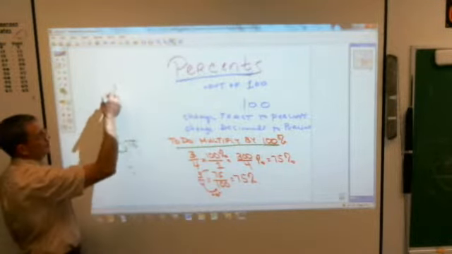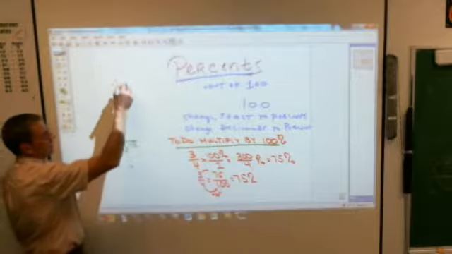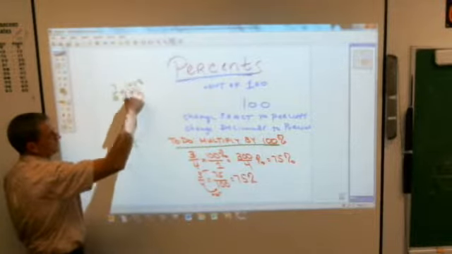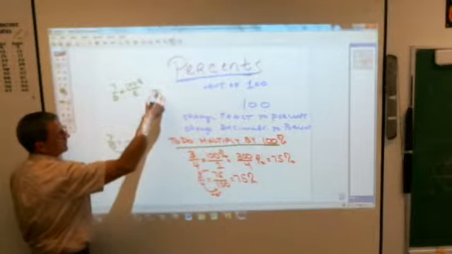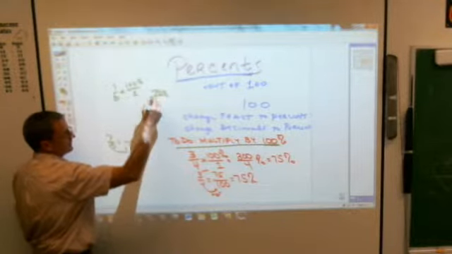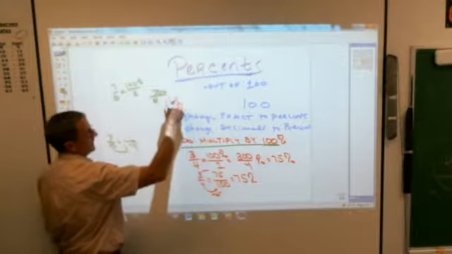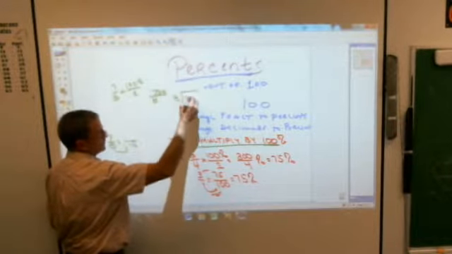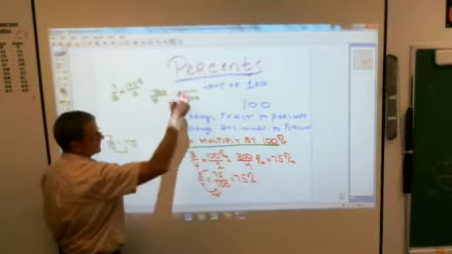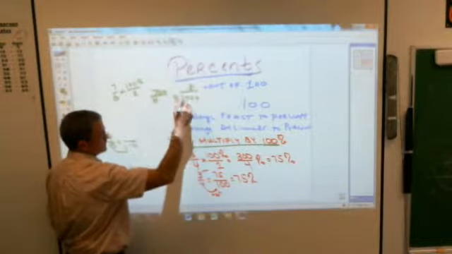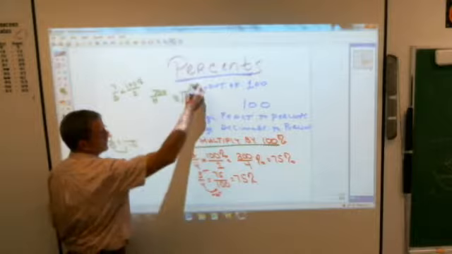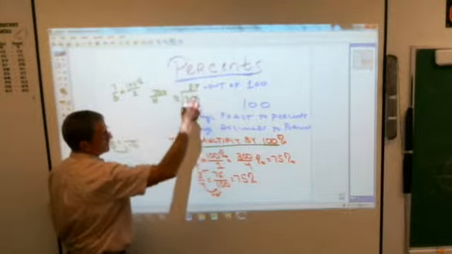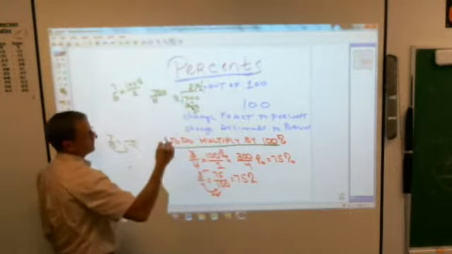If I take 7/8 and multiply it by 100%, I end up with 700 over 8, which means I have to divide 8 into 700. 8 goes into 700 how many times? 8 times 7 is 56. You get a goofy fraction: 87 and 1/2%.